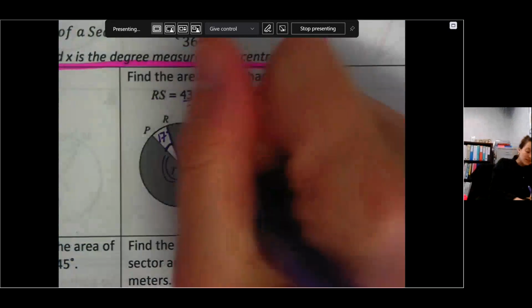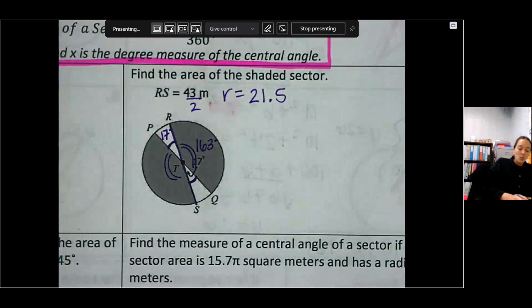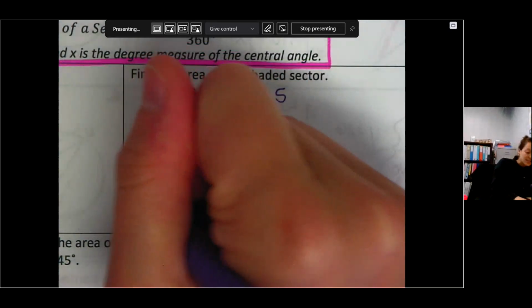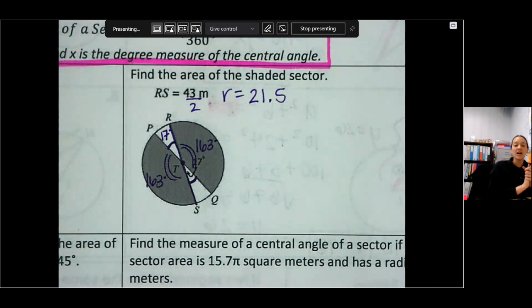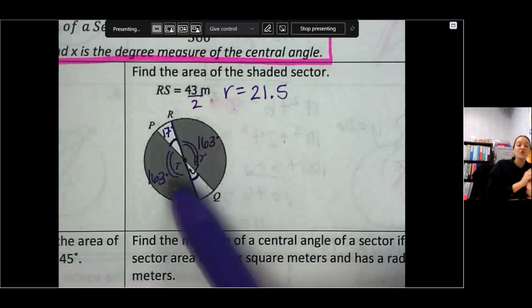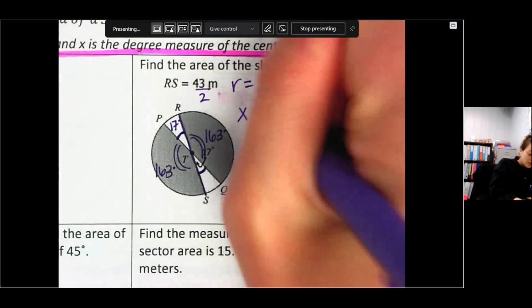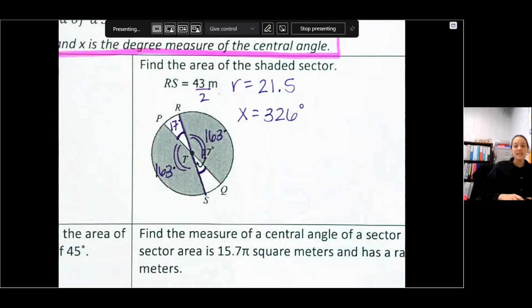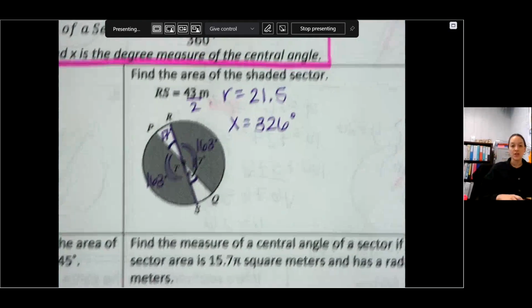So you get 163, this arc degree measure. What does that mean this one is? It's also 163. In total, what is the total degree measure of your shaded area? 326 degrees. So our x value is going to be 326 degrees.